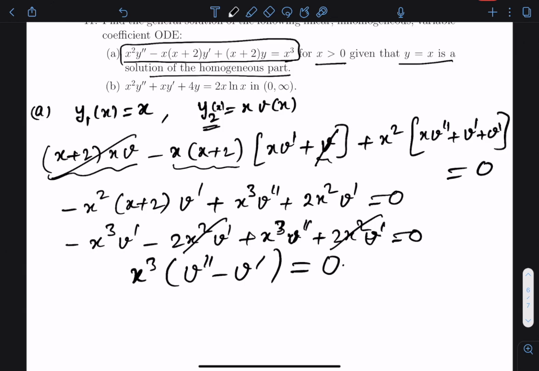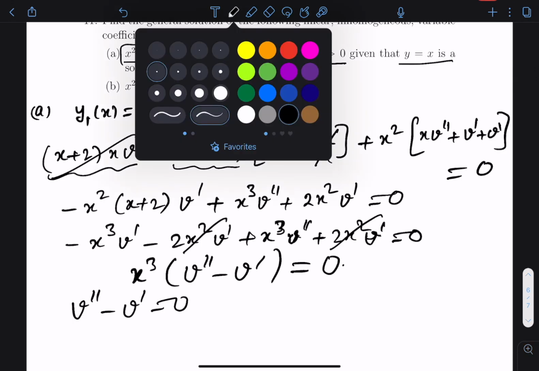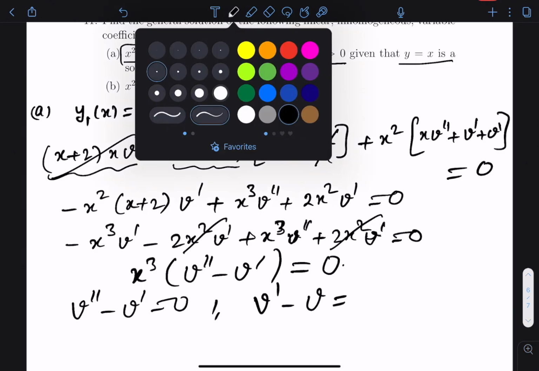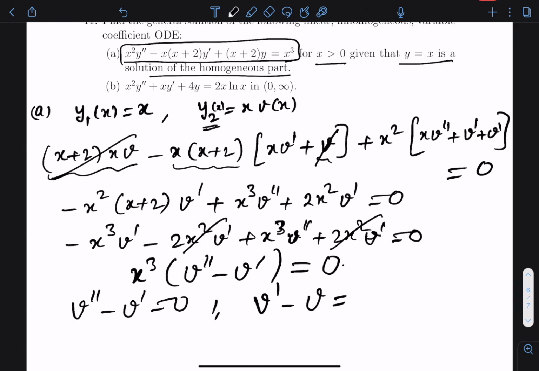This should happen for all x, right? And x is greater than 0, which means this is 0, which means what we have is v double prime minus v prime is 0, and so if we integrate it, we are going to get that v prime minus v is some constant, and we have seen in the lectures that for this we just choose the constant to be 1, a non-zero constant, right? V prime minus v is 1.